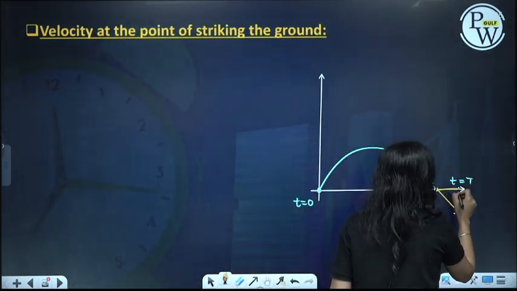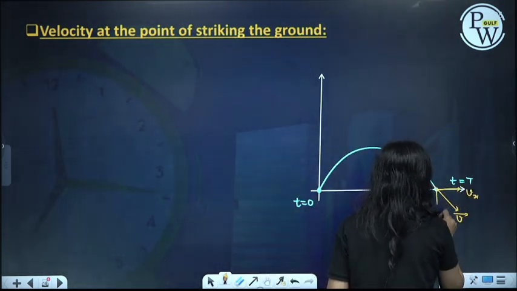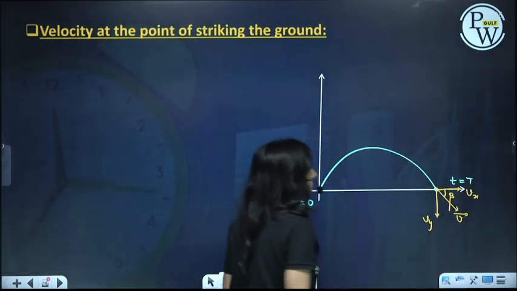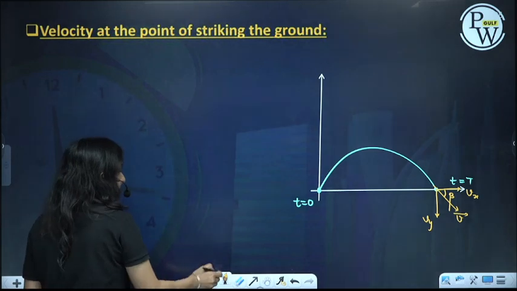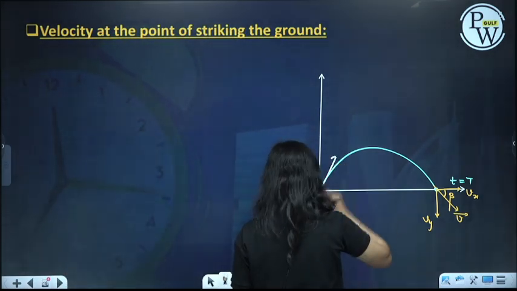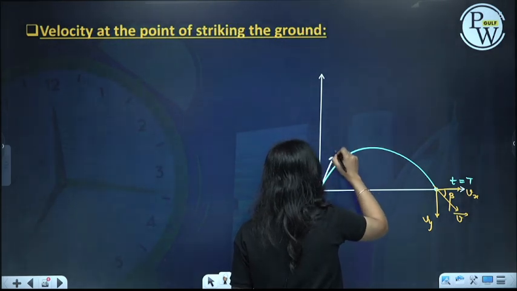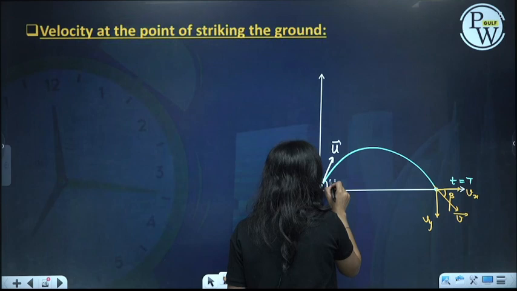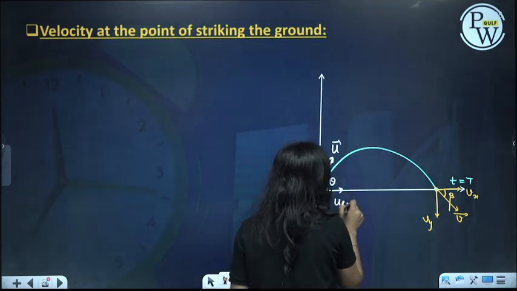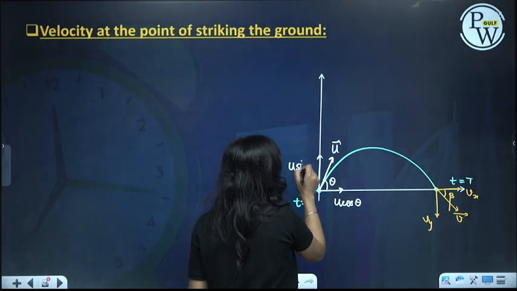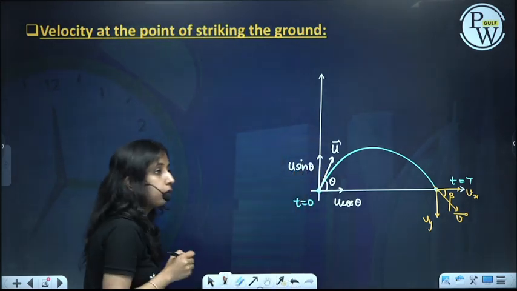This velocity will also have one component along x and one along y, and the angle made by this with the horizontal will be beta. Initially, this is our u vector, the initial velocity, at angle theta.